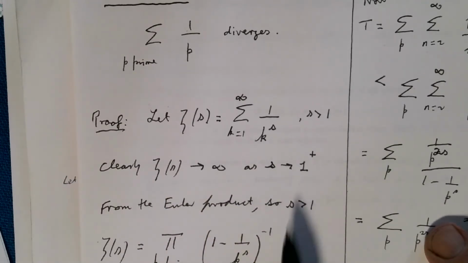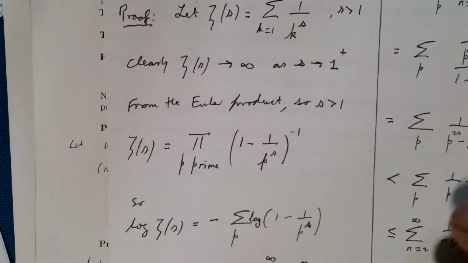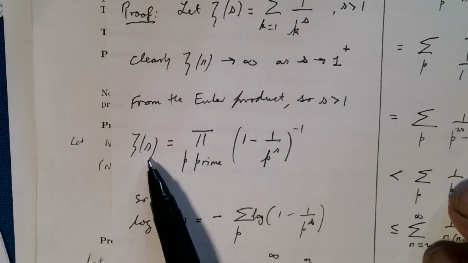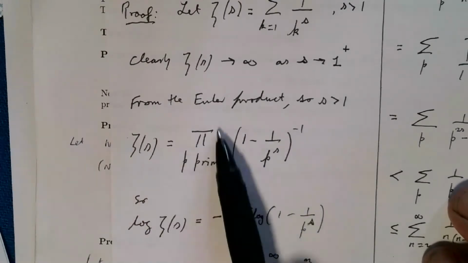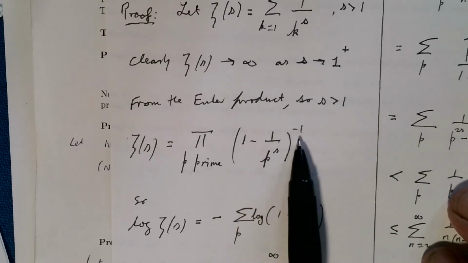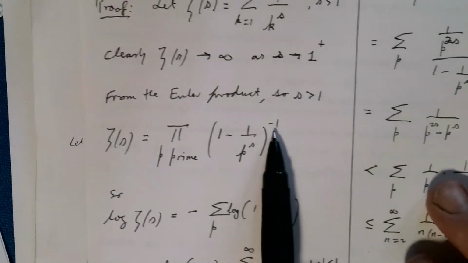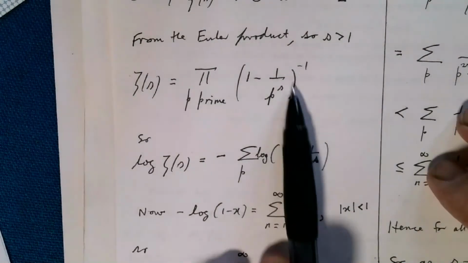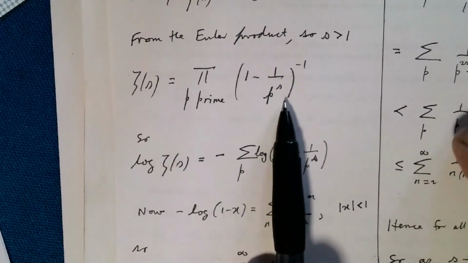Now we go back and use the Euler product, which, as I said, is one of the keystones of analytic number theory. So zeta of s, remember, can be written as this product over the primes of (1 minus 1 over p to the s) all to the minus 1. That was our Euler product. So I'm going to take the log of both sides of this.